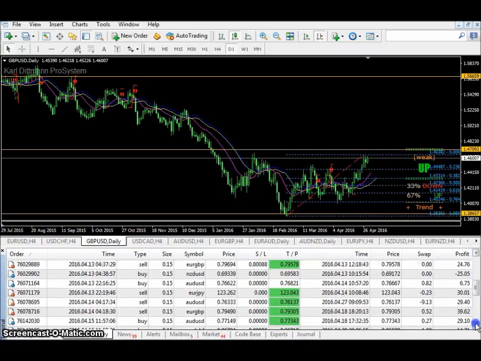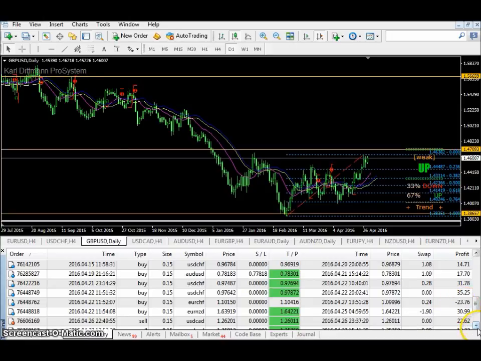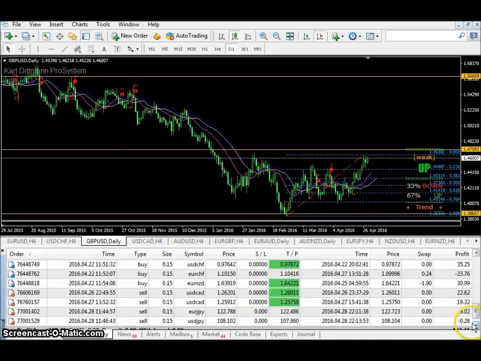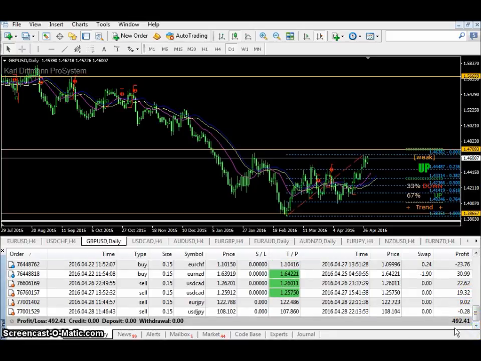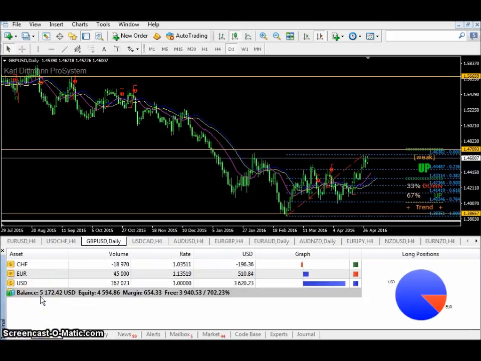But look at all the wins that I have. And there's a loss for $23. I closed that one out. And there's another loss for 28 cents. But $492 in profit for the month here. So I'm at $5,172. I'm going to take it up to a higher lot size.